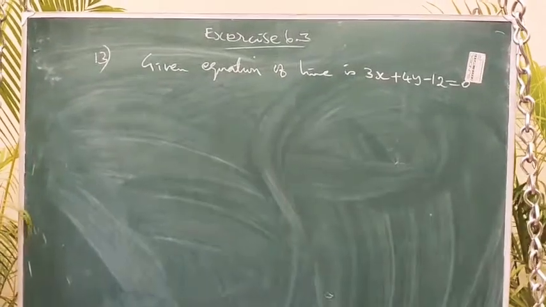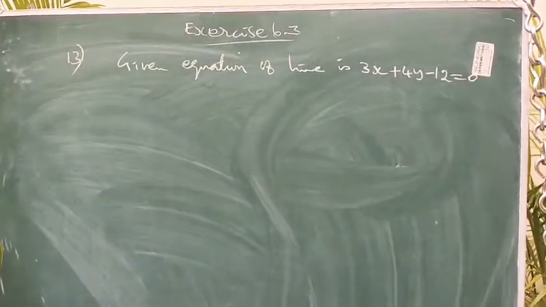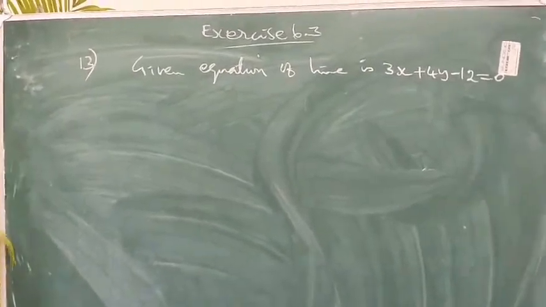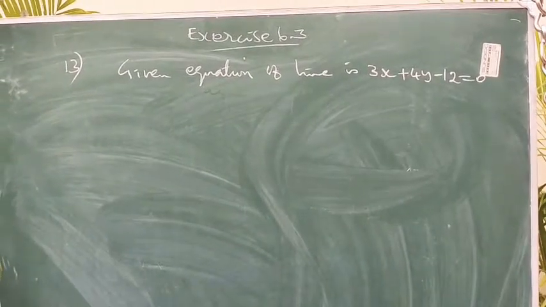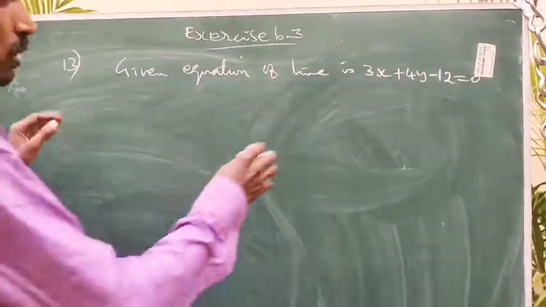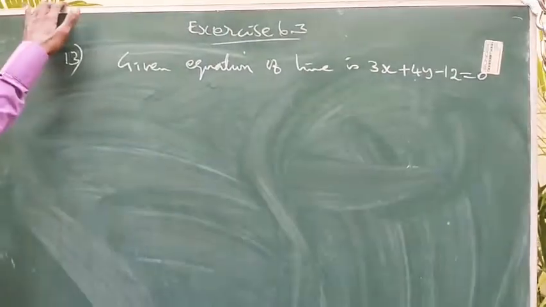Question number 13 in exercise 6.3. The question is, find the family of straight lines, first subdivision perpendicular, second one parallel, to the line 3x + 4y - 12 = 0.